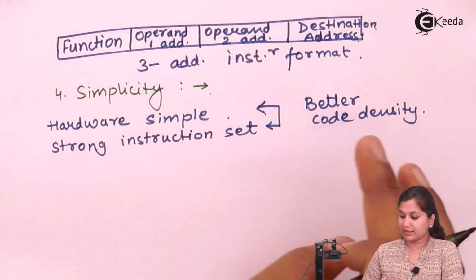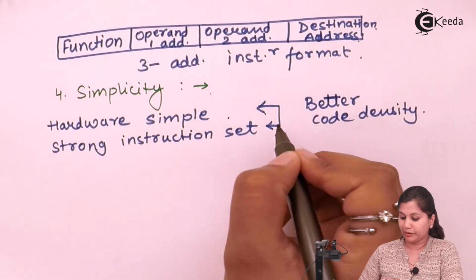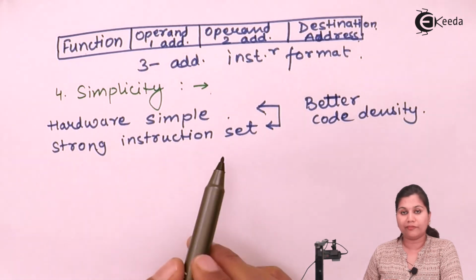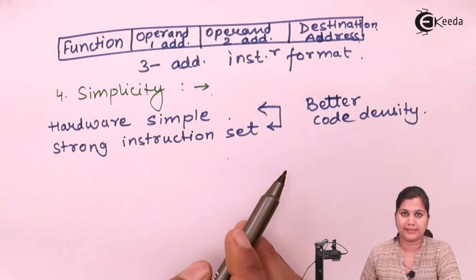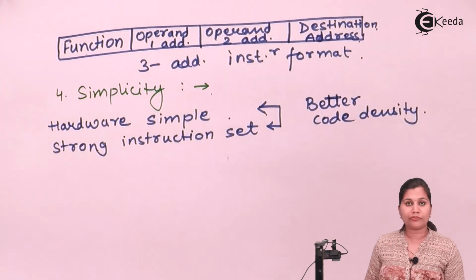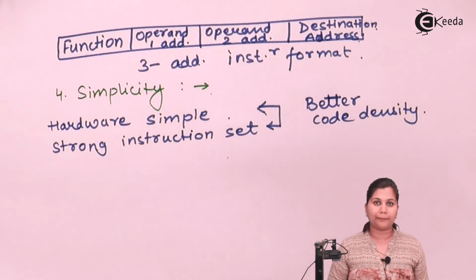The ARM processors have better code density because the hardware is simple and they have a very strong instruction set. Okay. So these are some of the features of the ARM processor.